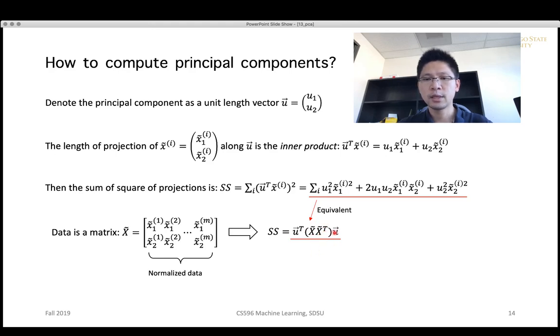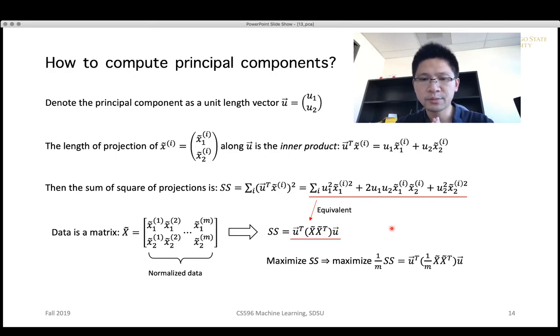So this matrix multiplication is in the middle. If you replace x tilde with its complete form in this formula, you will find out that this form is indeed equivalent to this form.